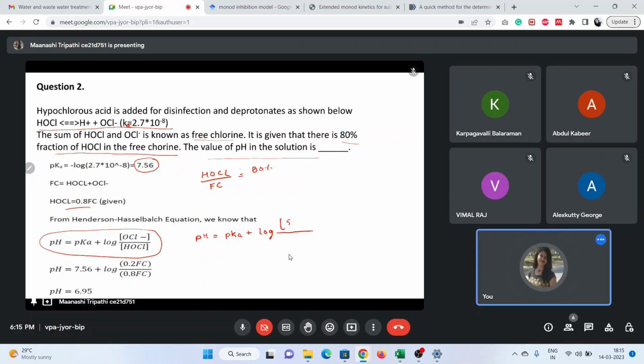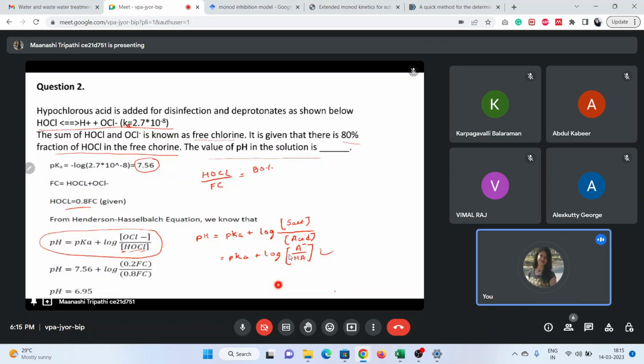This is salt, this is acid, or we can learn it like this also, pKa plus log of A negative over HA. H means this, A means this, and A negative you can see. So these are the different forms in which you can learn this equation.